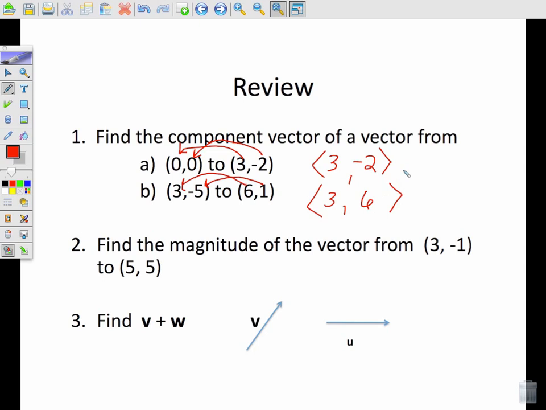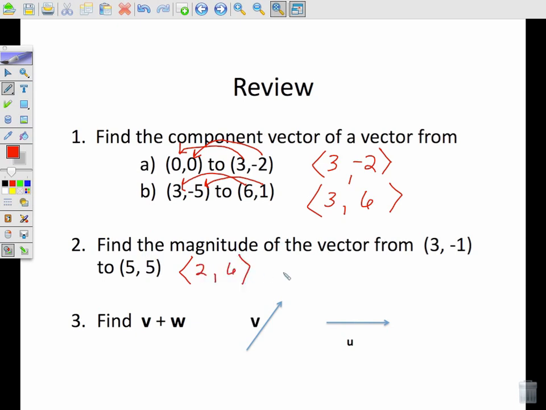All right, finding magnitude. Magnitude of a vector is the distance. You use the distance formula. So you can go ahead and do component form first. 5 minus 3 is 2, and then 5 minus negative 1 is 6.